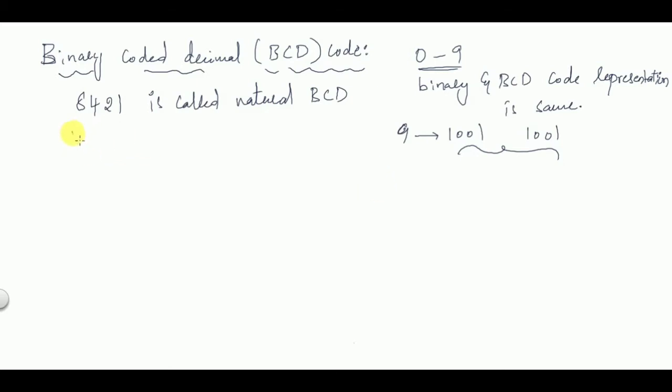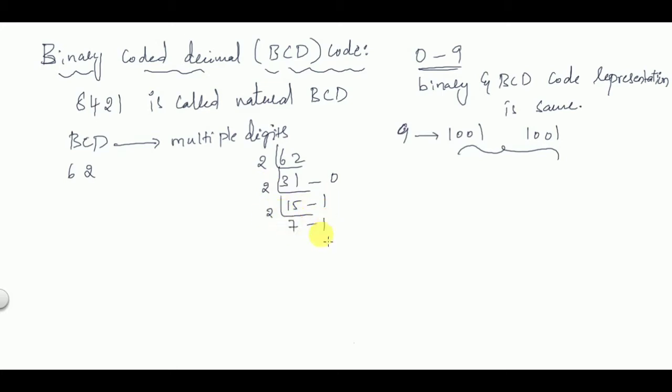But the difference between BCD and binary exists for multiple digits. Suppose if you want to represent 62 in binary, how will you represent? So 2 3s are 1, remainder is 0, 2 15s, remainder is 1, 2 7s, remainder is 1, 2 3s, remainder is 1, 2 1s, remainder is 1.